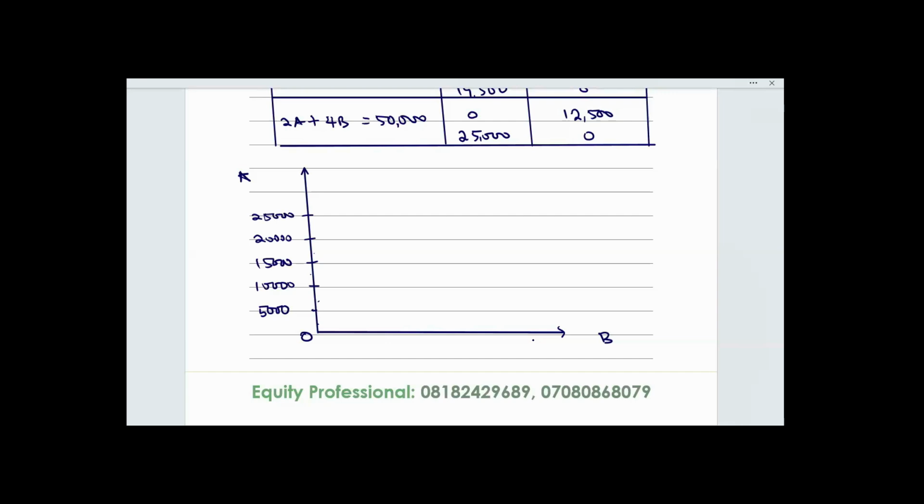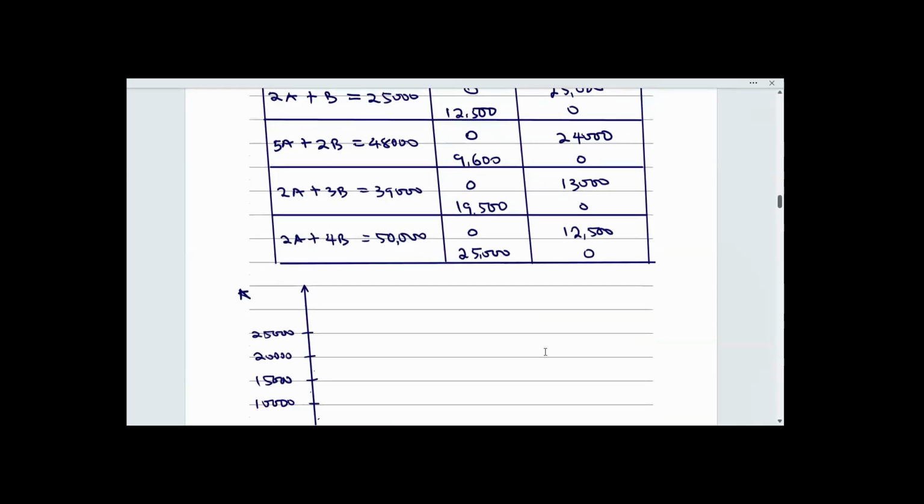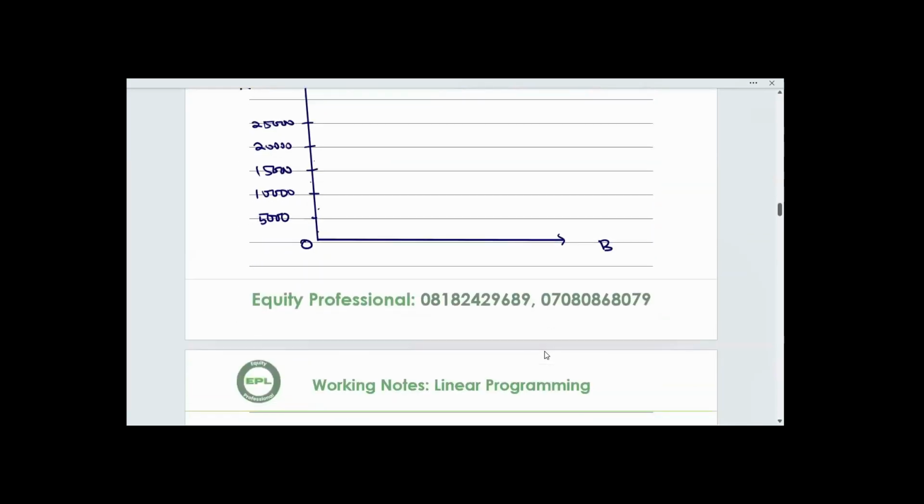Okay. Do the same thing for B. Highest is 25, lowest is 12.5. So I can say this is 5,000. Here is 10,000. Here is 15,000.